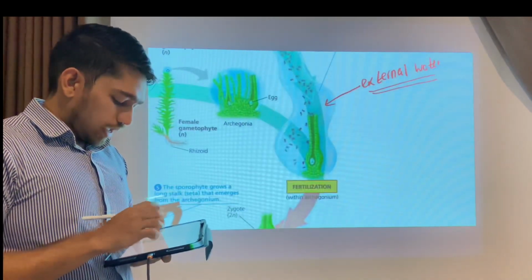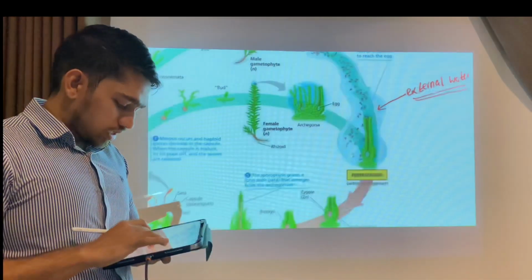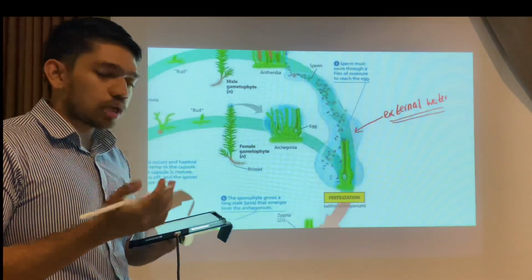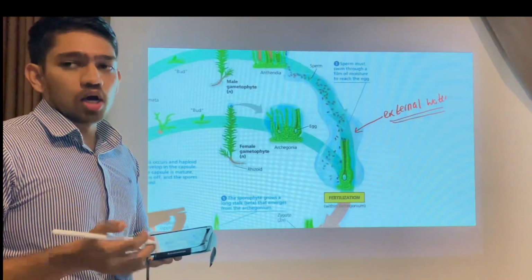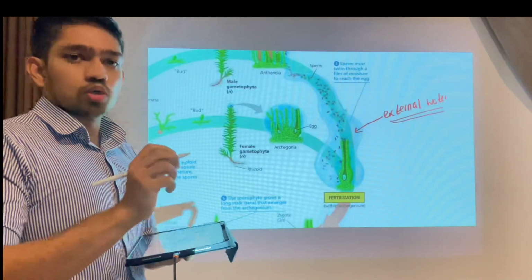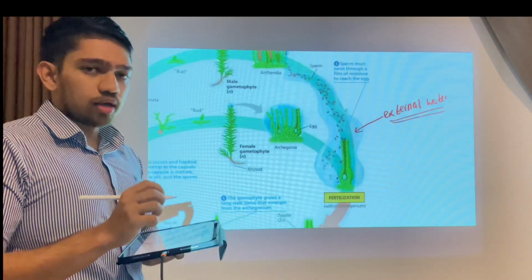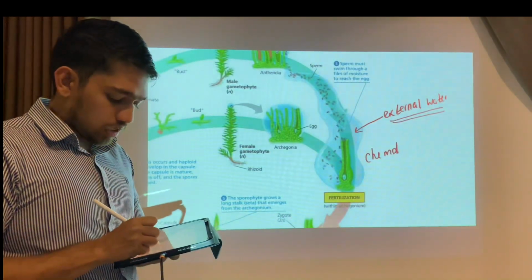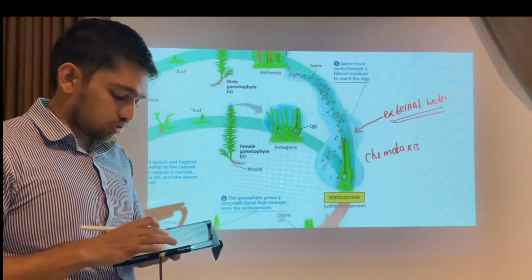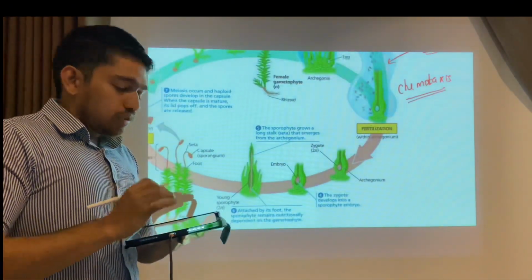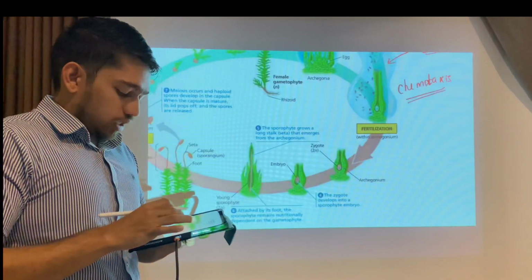Okay, and this sperm actually reaches the egg due to certain chemical attractants released by the archegonium itself. Right. So movement of sperm towards the archegonium and the egg due to these chemical attractants has a name called chemotaxis. It's not in your resource, but it's the proper term, right? Then within the archegonium, fertilization takes place.